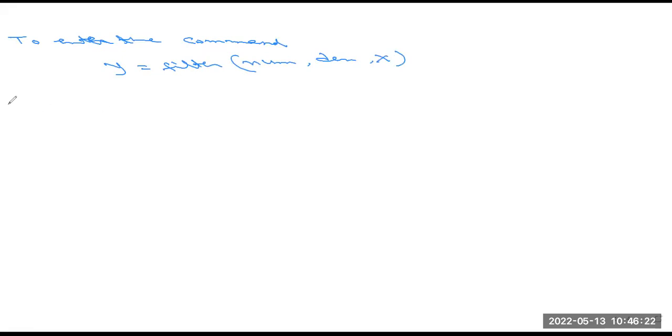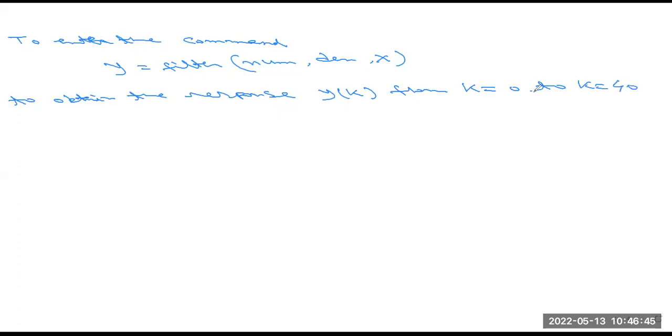Okay. So now obtain the response, that is y of k, from k is equal to 0 to k is equal to 40. Mathematically, we have to calculate here the maximum value is 40 also.